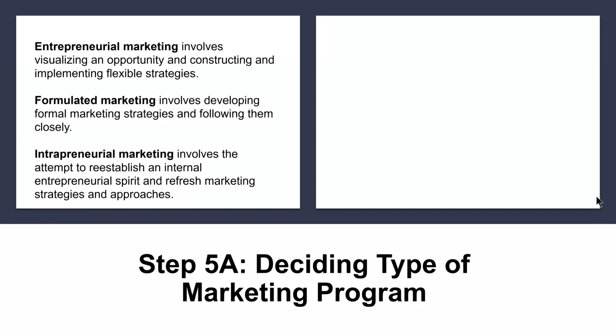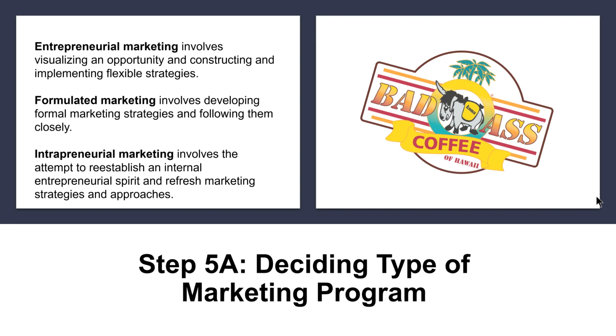And then there's an intrapreneurial marketing strategy, which is attempting to reestablish an internal entrepreneurial spirit, but still keeping your core strategies and approaches in line. So you allow the local market to really try to be local, but there are key things that they have to follow based off of the US strategy.